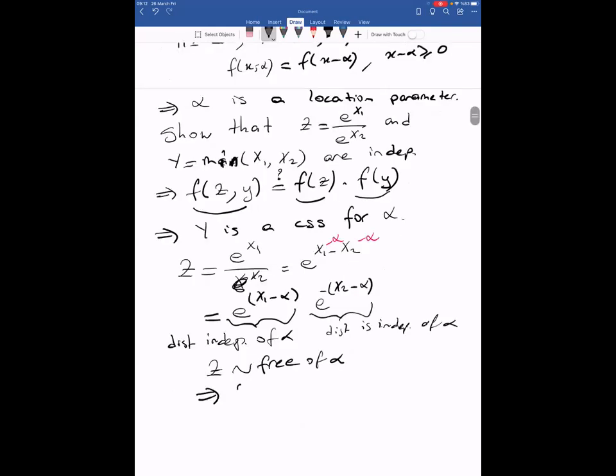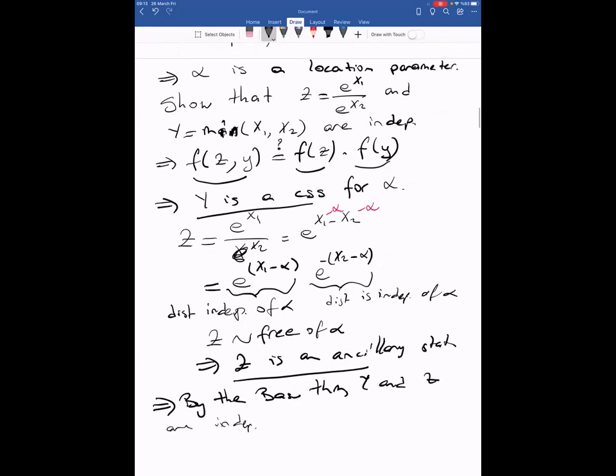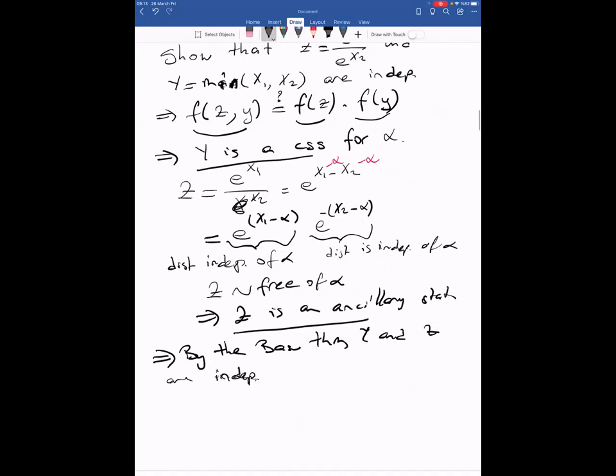This means that Z is an ancillary statistic. So we know that Y is a complete sufficient statistic, Z is an ancillary statistic. So we can say that by the Basu theorem, Y and Z are independent. So we don't have to work with the joint distributions or marginal distributions. I didn't do anything actually, as you can see.